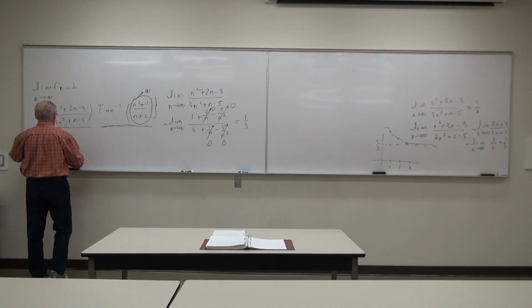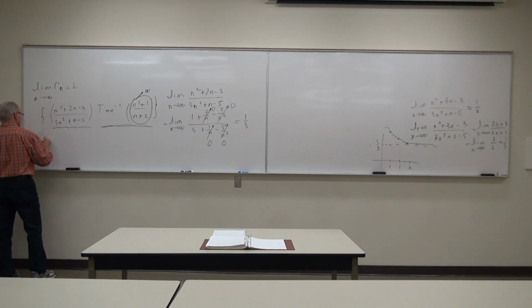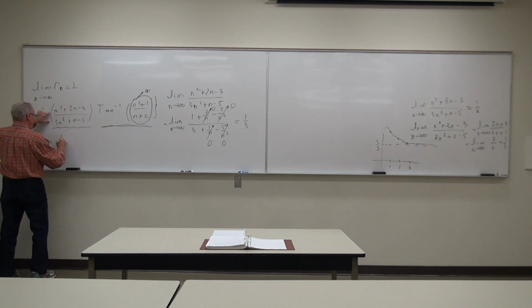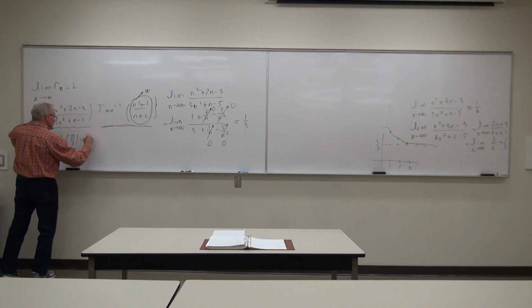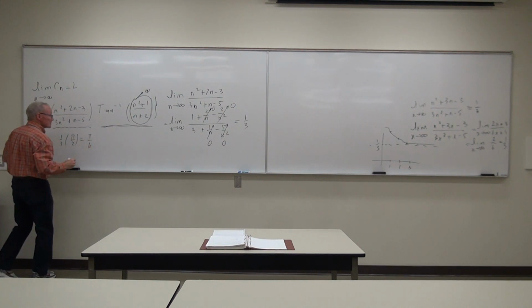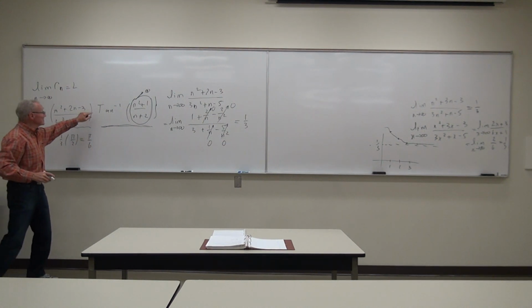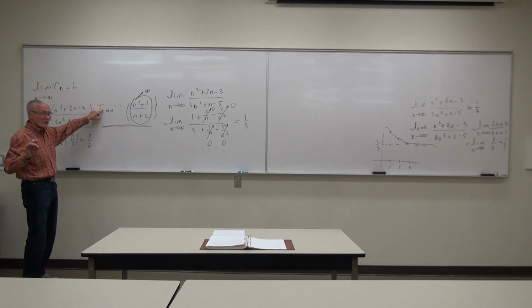So we're going to get then that the limit of this sequence is going to approach 1/3 for that one, pi over 2 for that one. So final answer, pi over 6. Remember this capital T from your first year calculus course? That means you must choose principal values.